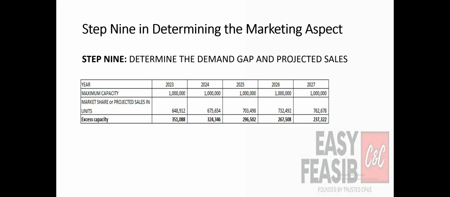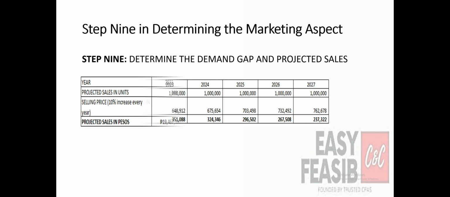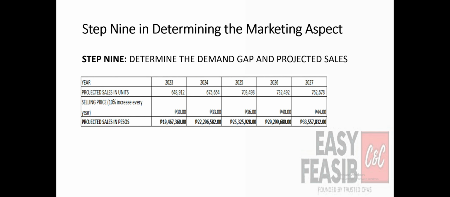In our example, it turns out that the maximum capacity is greater than the projected sales, so the 3% conservative market share rate is serviceable. By the way, we can simply compute the projected sales by multiplying the projected sales in units by your selling price. We assume that the selling price here is increasing annually by 10%.